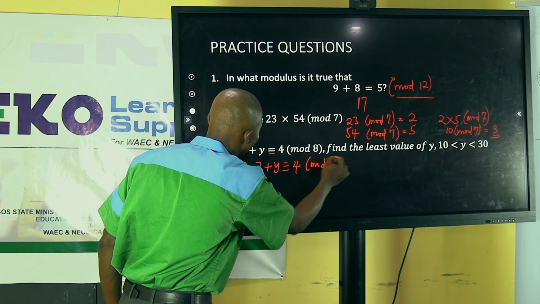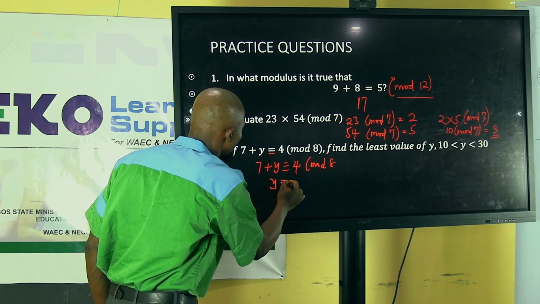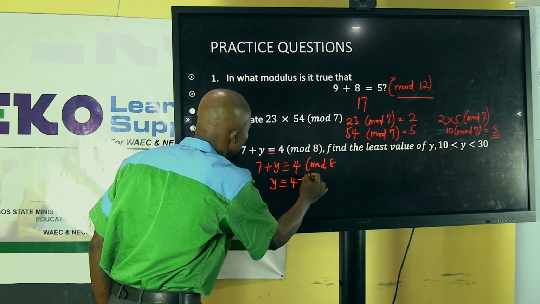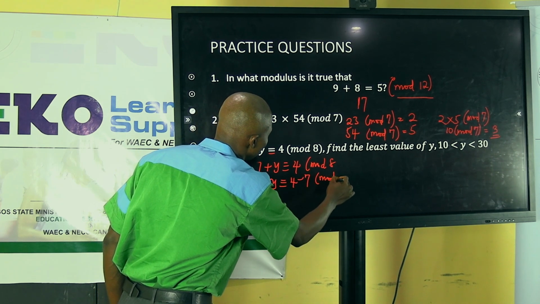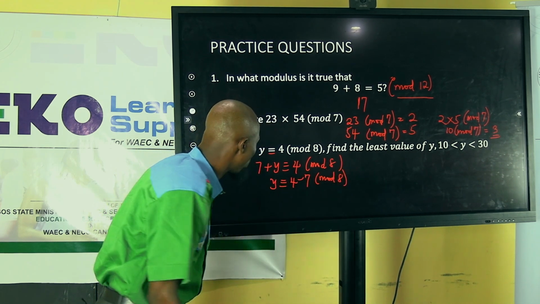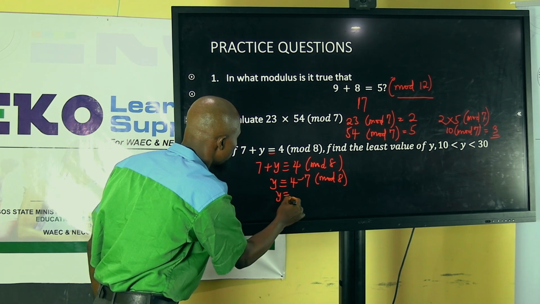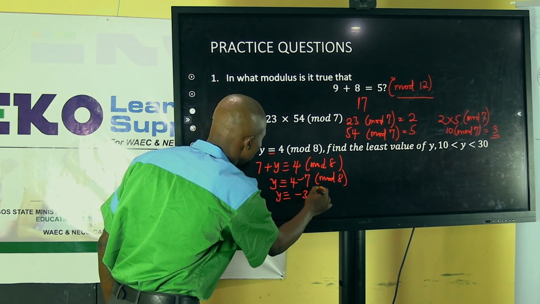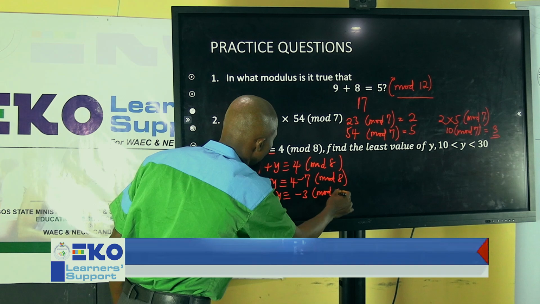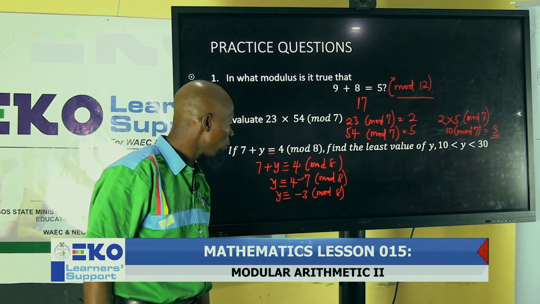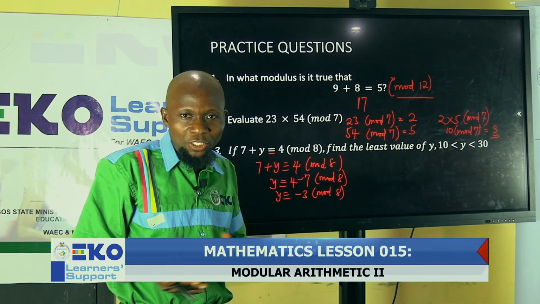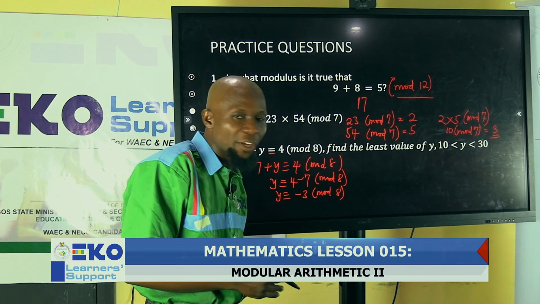All right, so we solve that. We have y is congruent to 4 minus 7 modulo 8. And y is congruent to what? Minus 3 modulo 8. So it's just the class of minus 3.